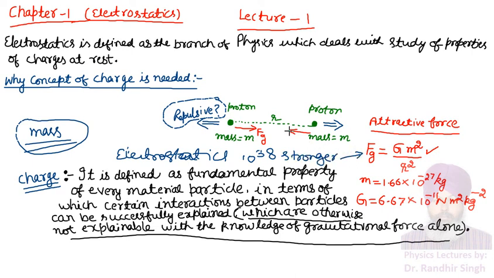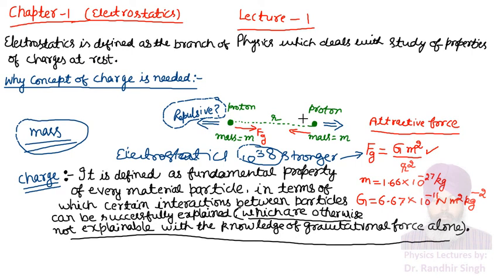So although gravitational force is present between the two protons, due to the huge magnitude of the stronger repulsive force, the overall effect is that the two protons will repel each other. So it is very easy to understand from the concept of charges why two protons repel each other.